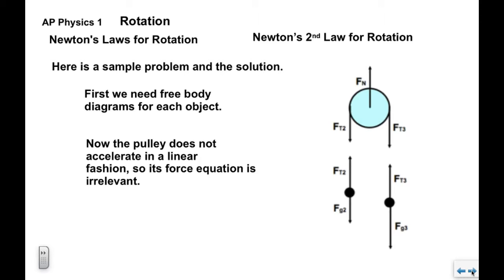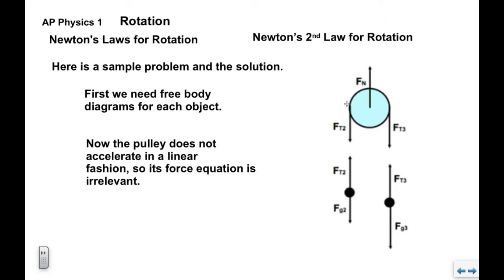Now the pulley doesn't accelerate in a linear fashion, so its force equation is irrelevant. What's going to matter is its torque equation. Now, you might remember that we said earlier when we looked at Atwood machines that the tension is the same everywhere in a string.